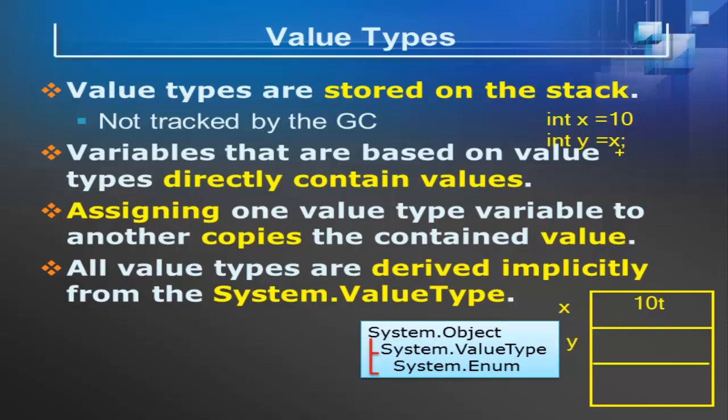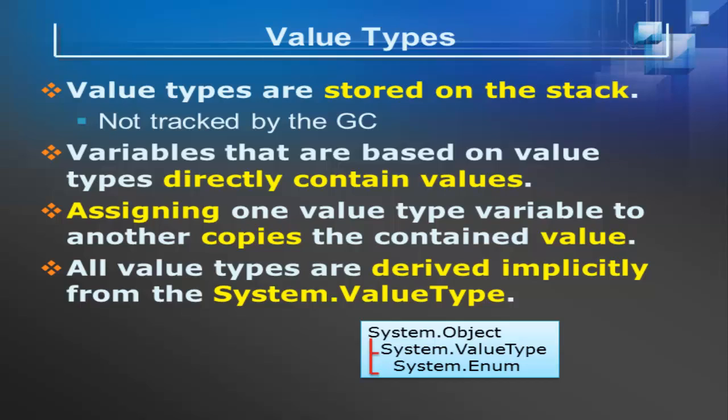When I say y = x, it is not pointing to the value 10 here, rather this 10 will be copied to this location. So what you get is a copy. Whenever you assign value types, a copy of them is made and assigned. So we don't have a reference.